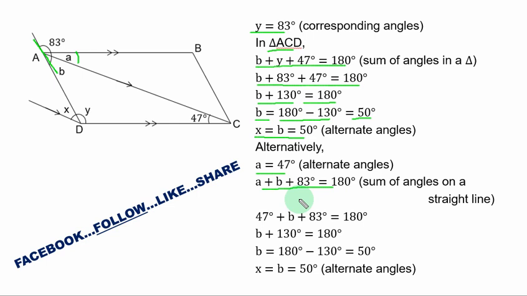You replace A with 47 degrees plus the rest of the angles equal to 180 degrees. That simplifies to this. If you make B the subject, you have 180 degrees minus 130 degrees, and that is 50 degrees. Therefore, s is equal to B equal to 50 degrees. Alternate angles.